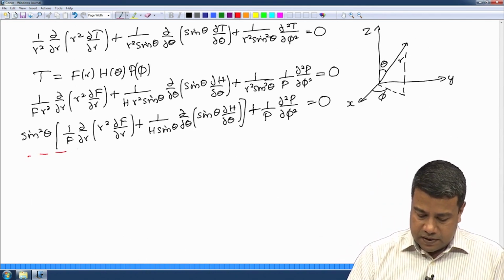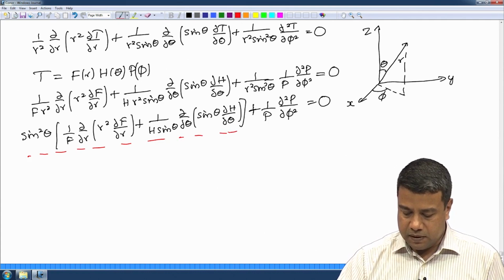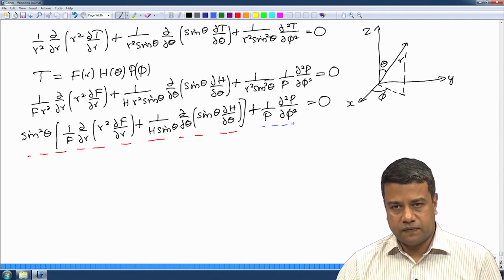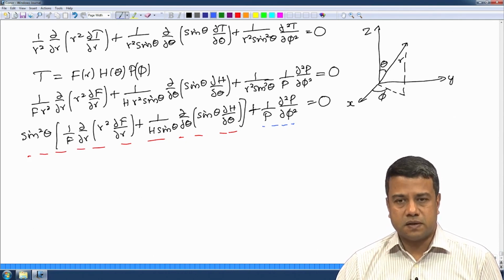In this equation, the first term depends only upon r and theta, the second term depends only upon phi. Therefore, each of these individually has to be a constant.